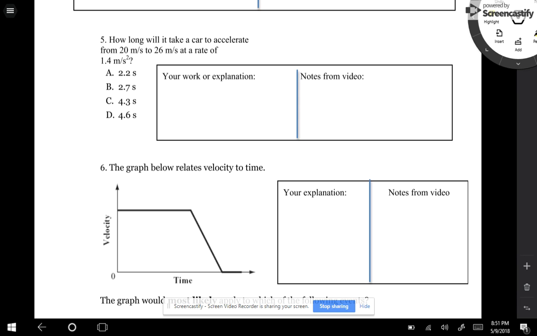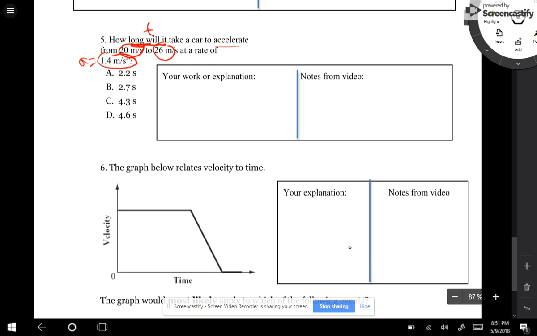All right, number 5. How long will it take a car to accelerate from 20 meters per second to 26 meters per second at a rate of 1.4 meters per second squared? How long will it take is time. So we're actually not trying to find the acceleration because they give it to us right here.